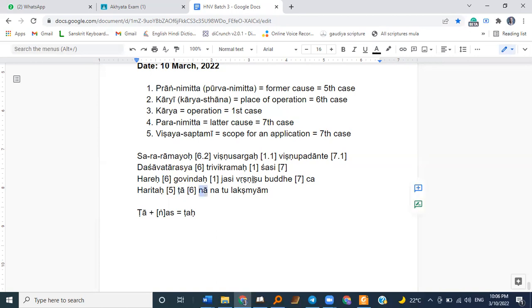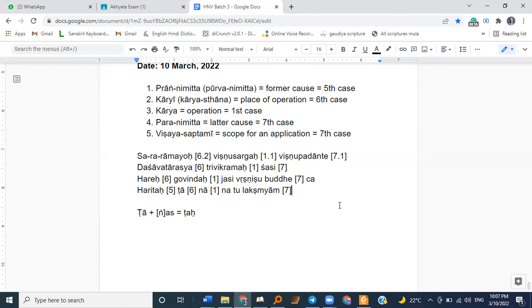Then na is just 1-1, like Radha Shabda. And na tu are just obvious, and Lakshmyam is seventh. Actually, Lakshmyam here is not the Paranimitta, it is the Vishaya. If you put ta here, then it will be confusing. I think that's the reason he kept it ta as it is.